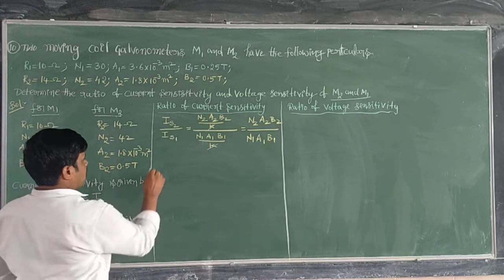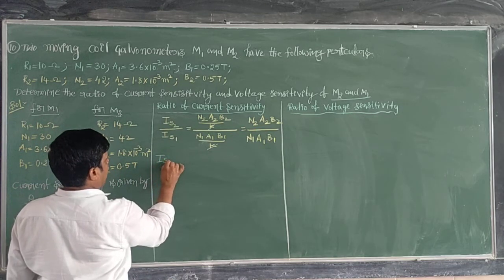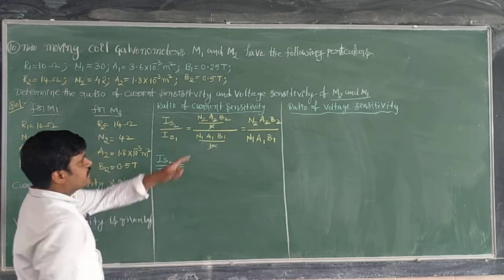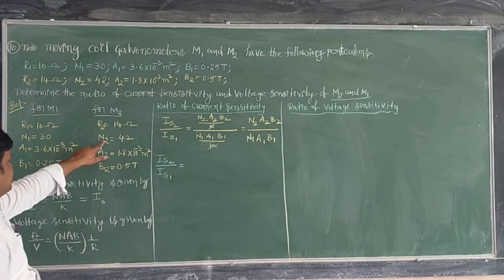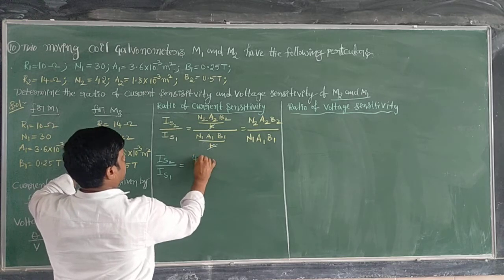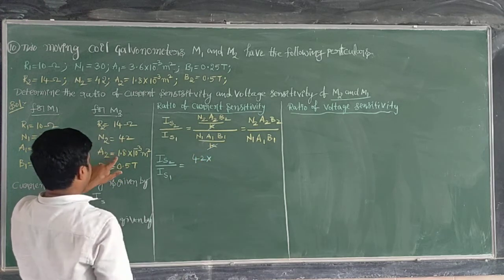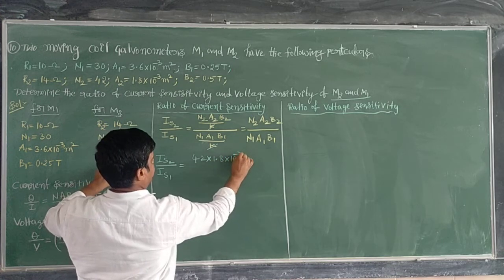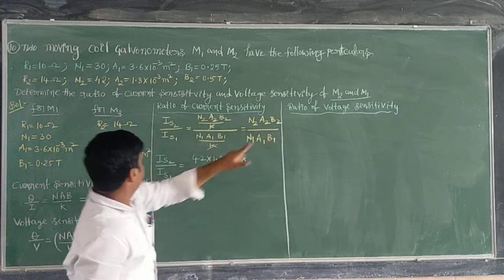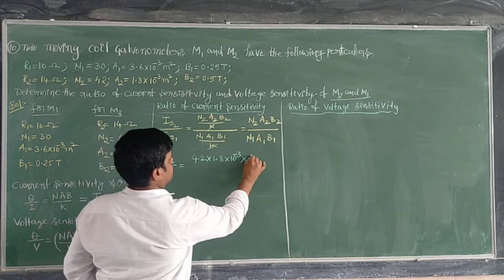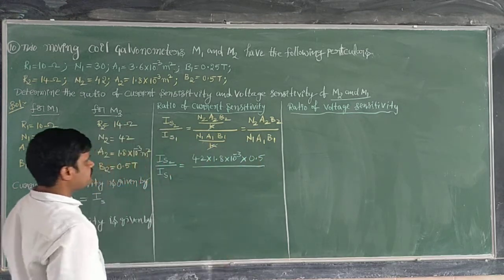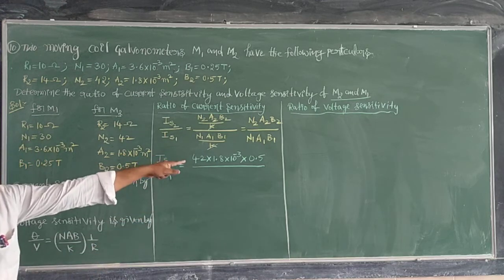From this, IS2 to IS1 is equal to N2, the number of turns, 42, into area 1.8 into 10 power minus 3, into magnetic field B2, 0.5, whole divided by N1, A1, B1.